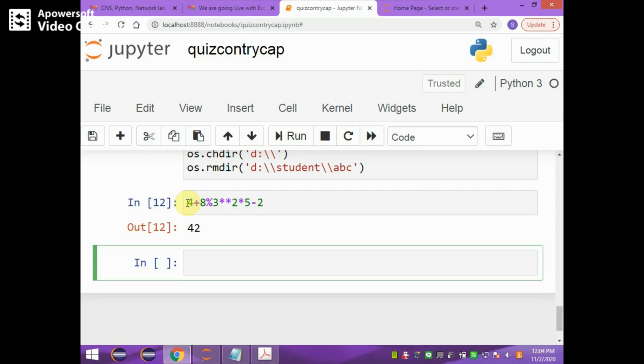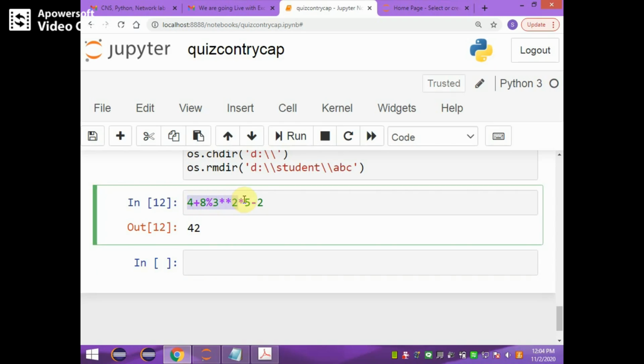To evaluate the precedence or hierarchy of operators, let us see this expression: 4 plus 8 modulus 3 double star 2 multiplied by 5 minus 2.